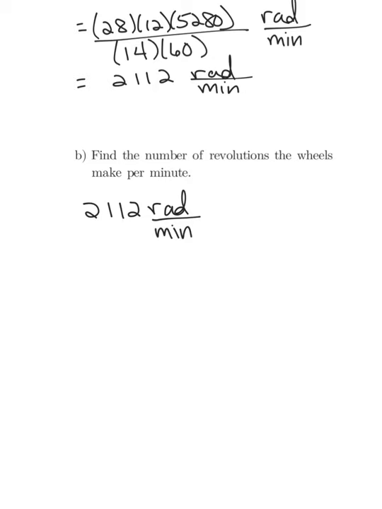So what we really need to do is just take this answer and get radians out of it. So we are going to use the proportion that we know and take this times 1 revolution equals 2 pi radians. Well, now the radians cancel.